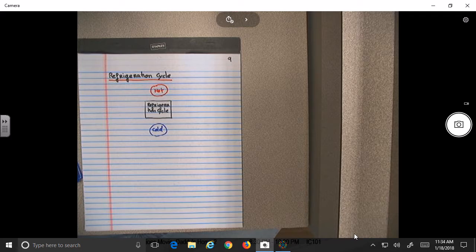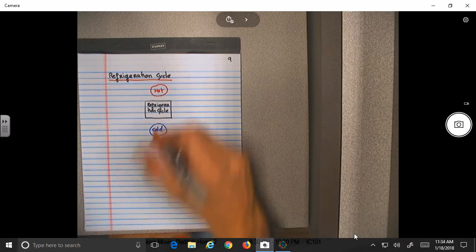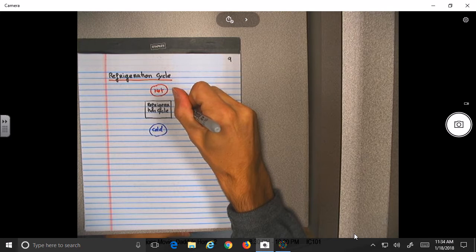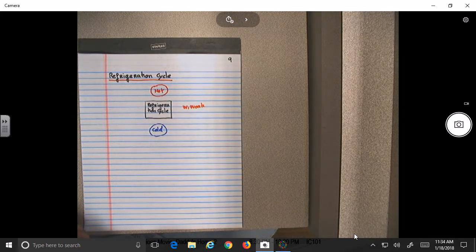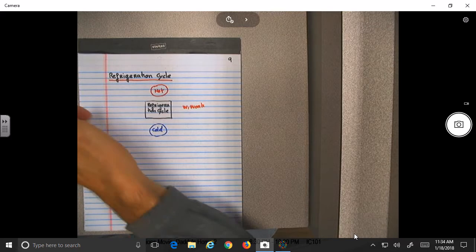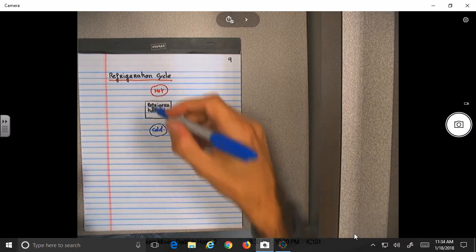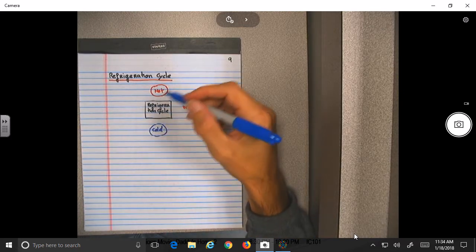Okay? So if you understand the figures, you don't need to memorize the equations. You can derive them very quick. So in order to, let's say, cool down a room, what do you need to do? Basically, to refrigerate something, is it to put cold or to remove heat?